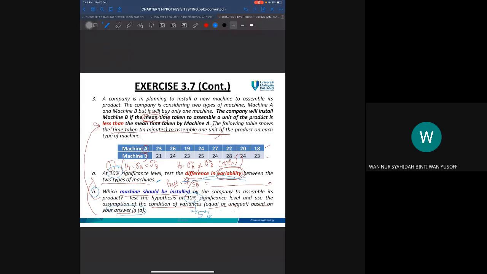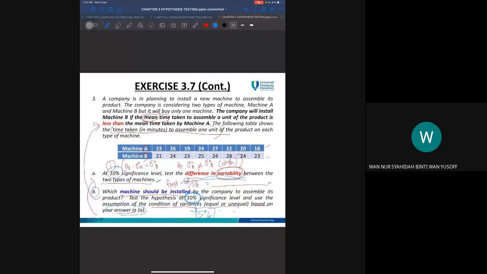In order for us to use the answer in A, alpha in B and A must be similar. So if we change the alpha in B to 5%, you have to test another hypothesis for the ratio with alpha equal to 5%. Both questions must have similar alpha.